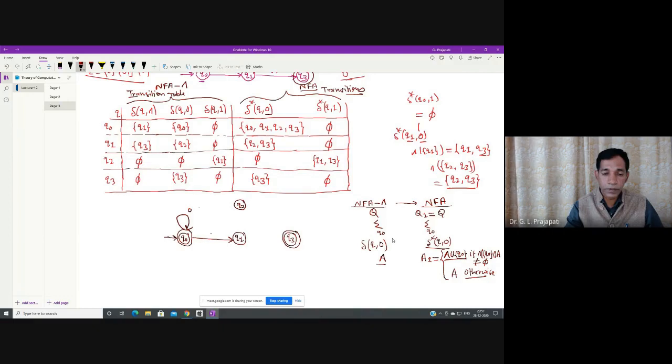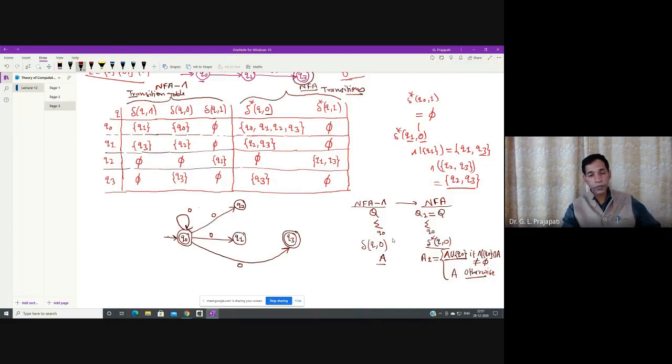This is for the 0. You can also go to Q2 on 0. From Q0 you can also go to Q3. So from Q0 you are going to Q3 for the case of 0.